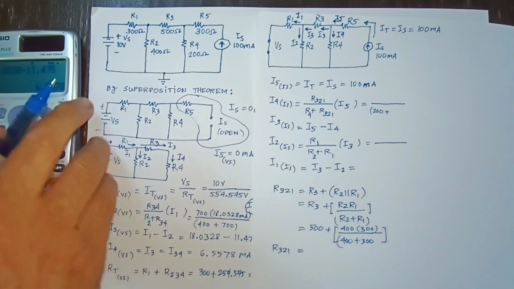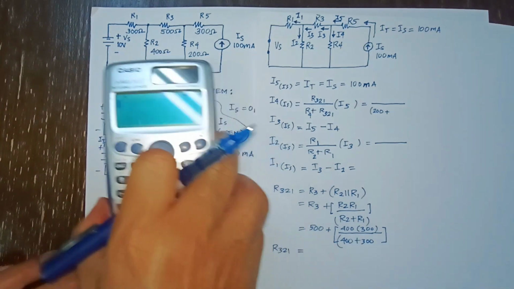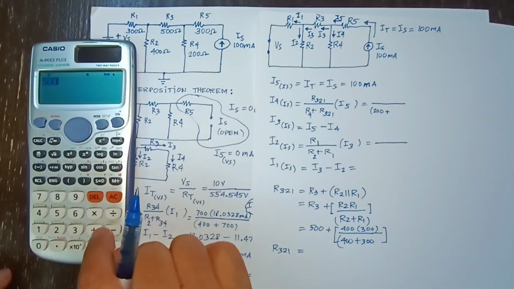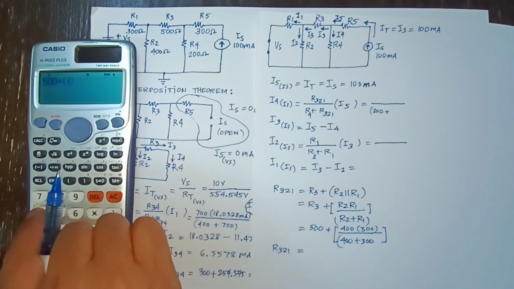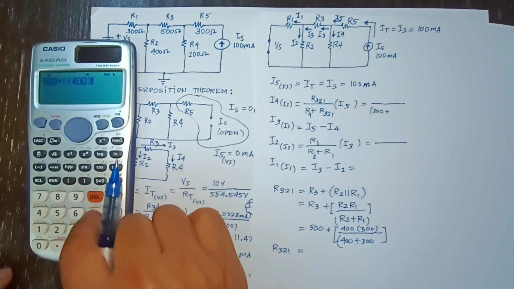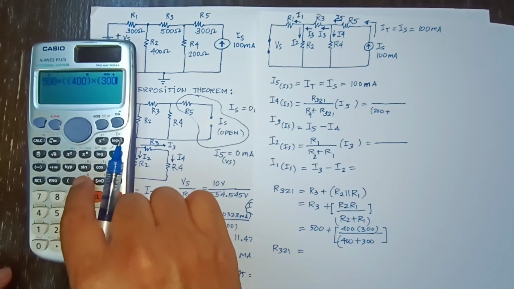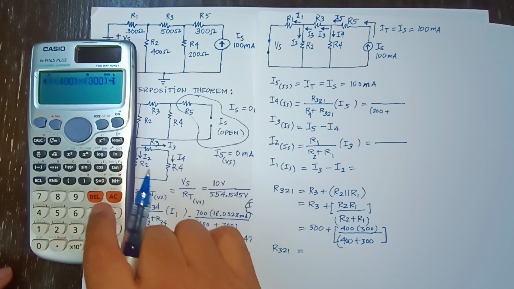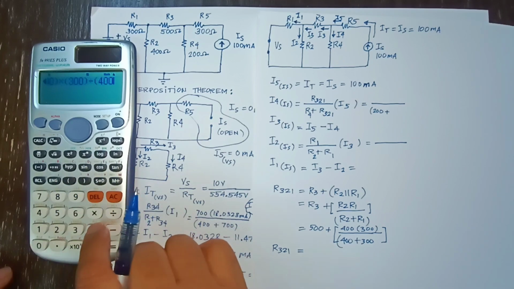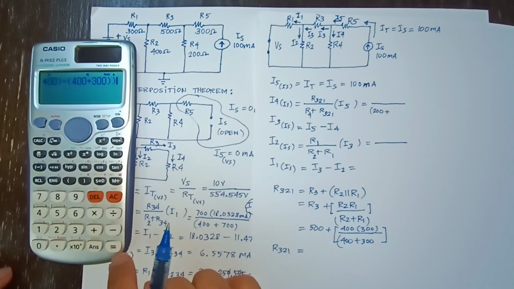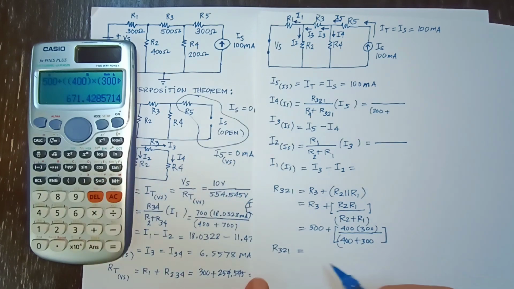By calculating this, we will see what will be the value of R321. Just be careful in using the parentheses in your calculator. You need to practice on how to calculate this properly to get the correct answer.